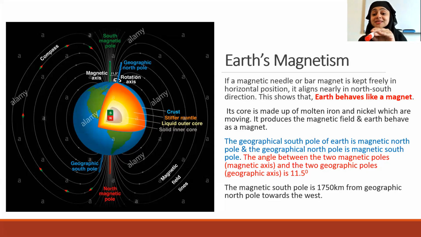Later we realized that if Earth is a magnet, the south pole of Earth will be attracting the north pole of the compass. So if you consider Earth as a magnet, its south pole is at the geographic north pole. Then is it clear?